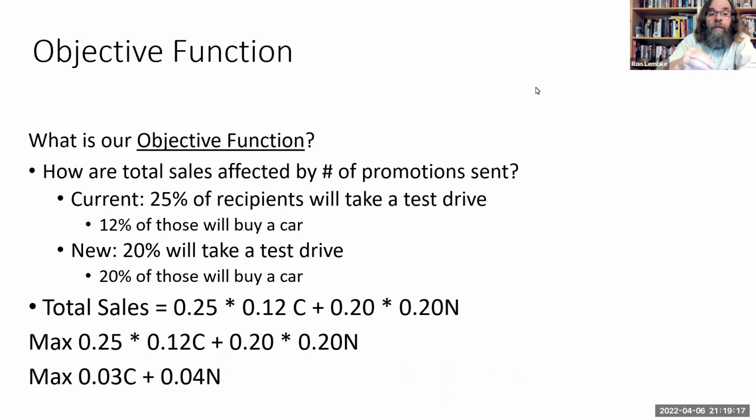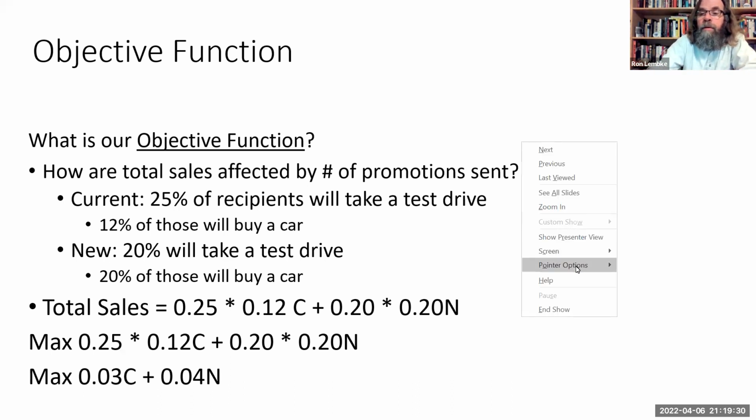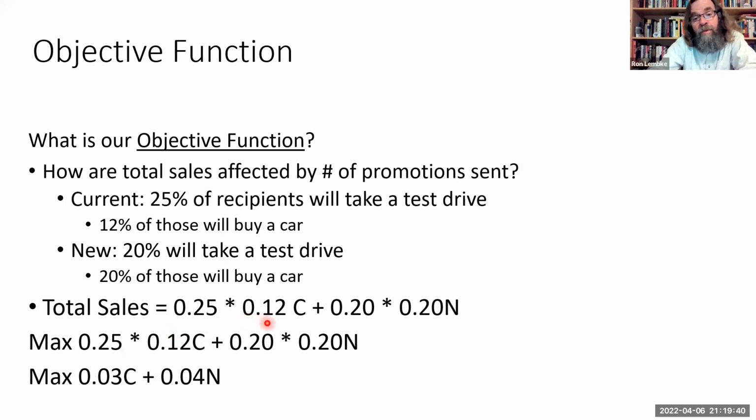Well, for current customers, 25% of them will take a test drive, and then 12% of those people will buy a car. So on the current customers, 25% will take a test drive, and then 12% of those will actually buy a car.